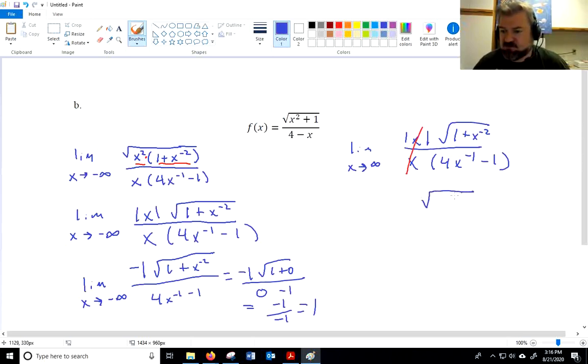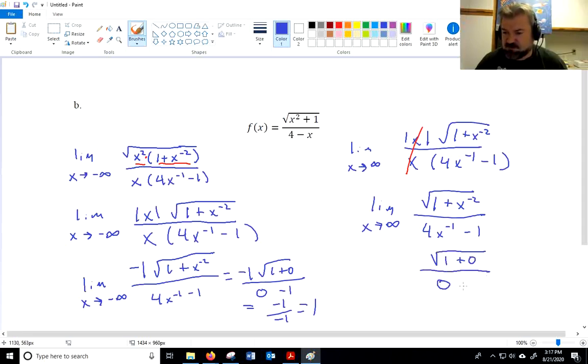So this is just the square root of 1 plus x to the negative 2 over 4x to the negative 1 minus 1. And we're taking a limit as x goes to infinity. So remember, everything that's got a negative exponent, when I plug in infinity, becomes a 0. So this is 1 plus 0 over 0 minus 1. The square root of 1 is 1. 0 minus 1 is negative 1. The answer is negative 1.